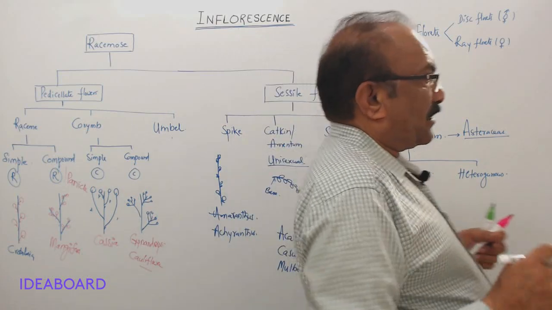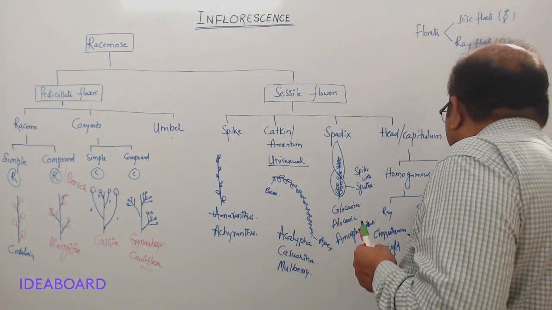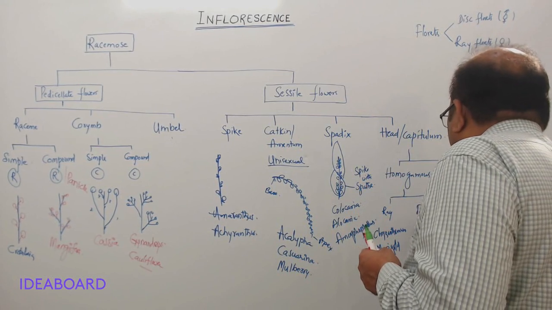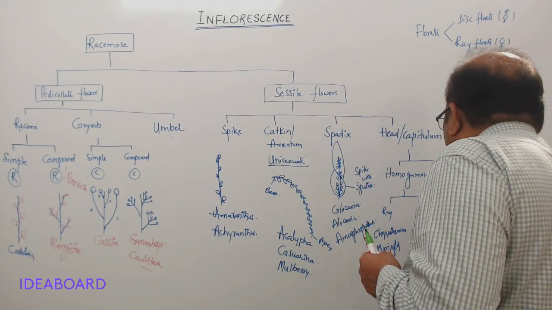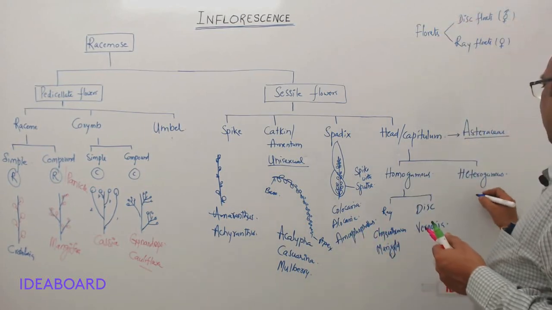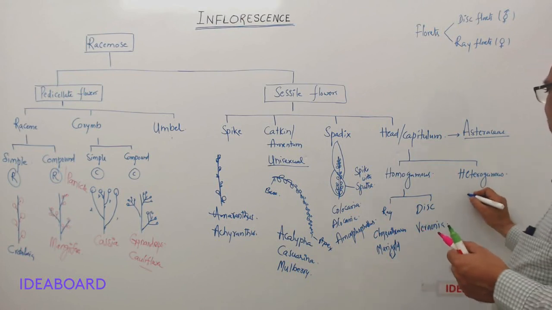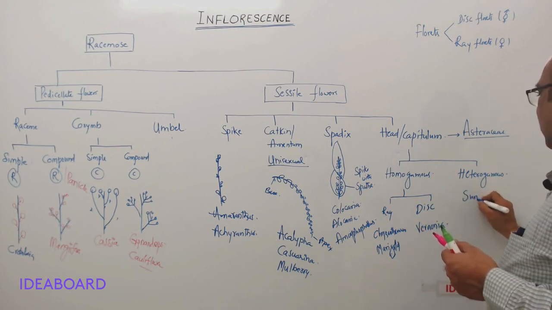Another one, the homogamous head with disc florets. Examples are Vernonia. And the heterogamous head, where both ray florets and disc florets are there, and the best example is sunflower.